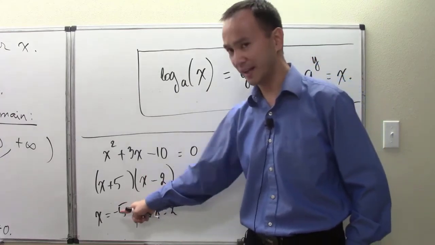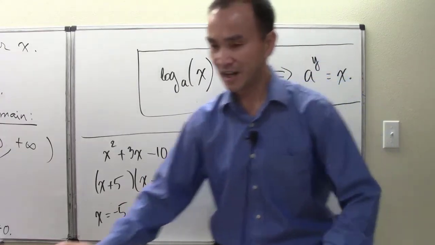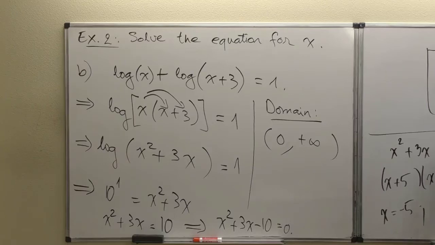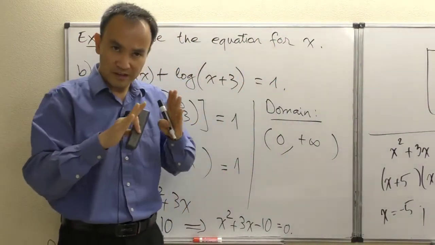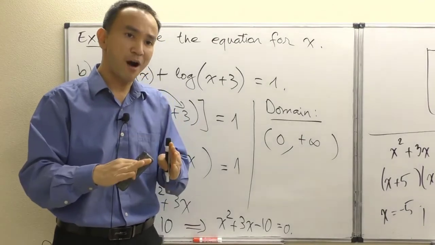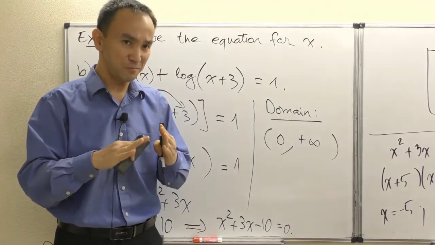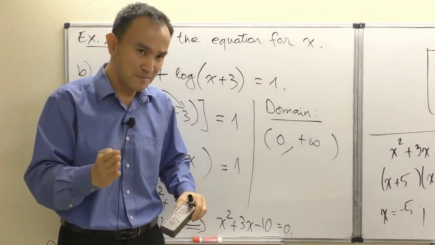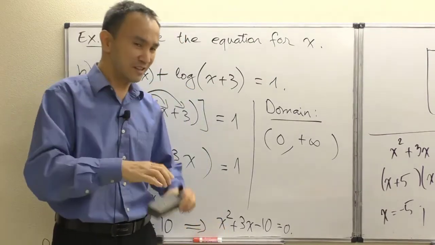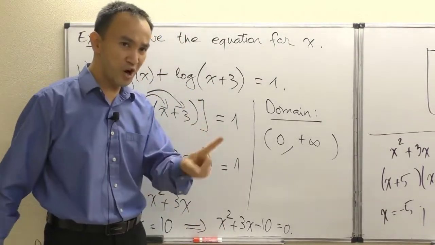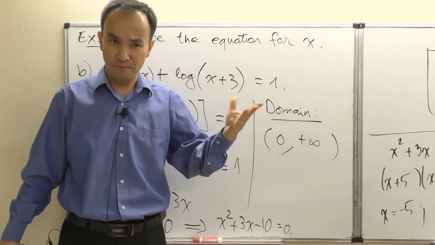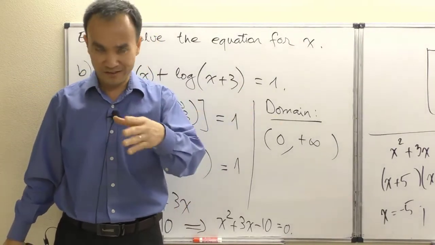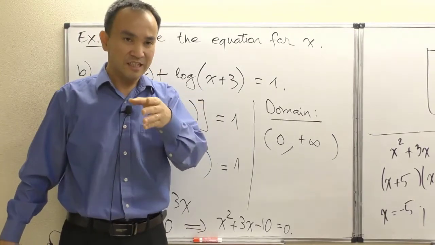We have to check, because there's a whole reason for coming up with the domain. This is the second problem we're doing, so it's a good place to nail down this important understanding. Anytime you're solving an equation that involves logs, you may hear the name logarithmic equation, and in my term, I call that an equation involving logs.